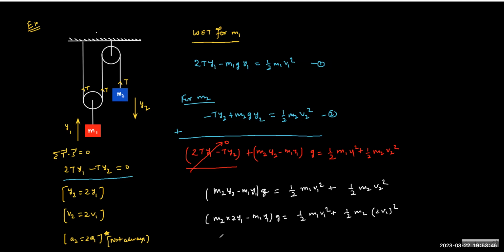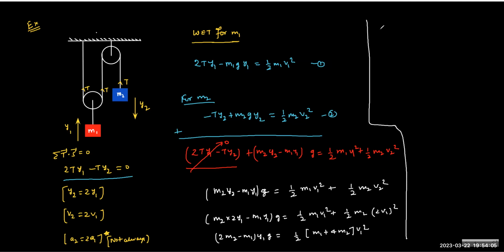Then you can write this as (2M2 minus M1) into y1 into g, and half common, (M1 plus 4M2) into V1 square. And now things are easy.